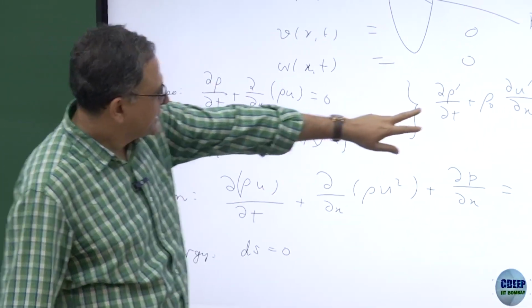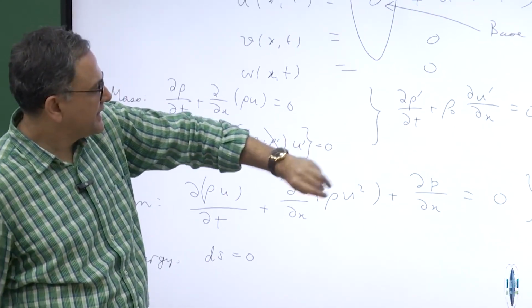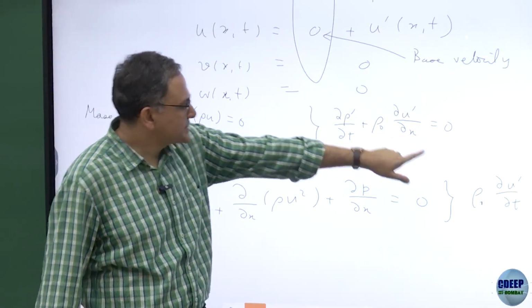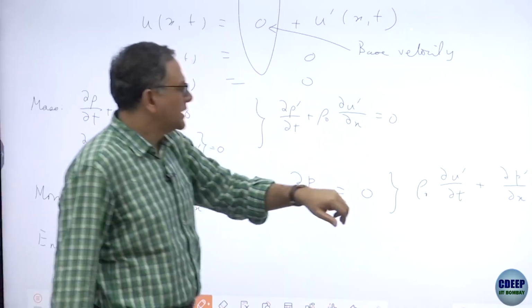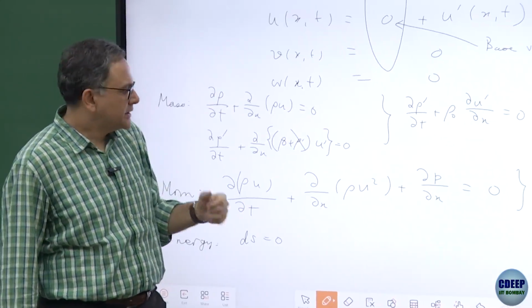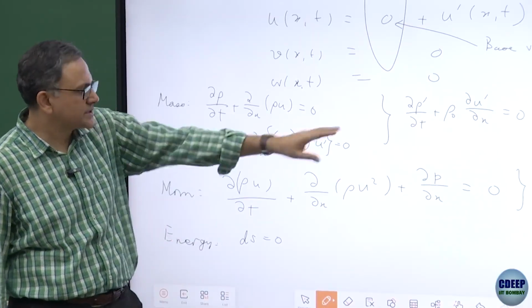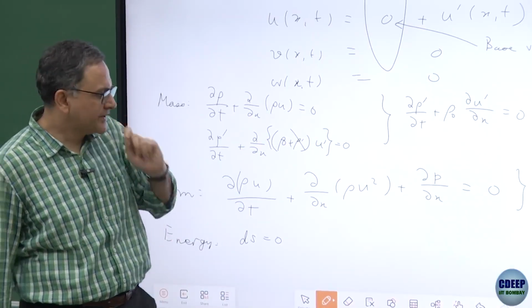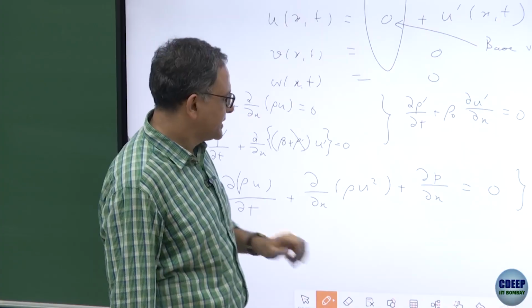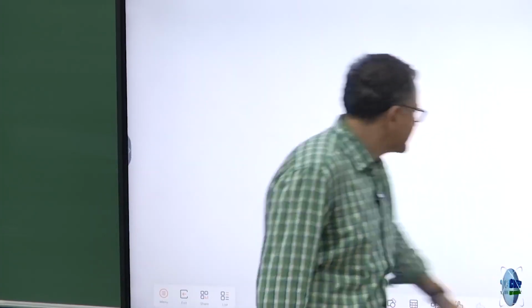We have got equations in terms of 3 variables: density, velocity, and pressure. And 2 equations are there. If we just consider those 2, we've of course got to use the energy equation to get it down to 1 variable. That's the simplest form possible. So I'll just write these things again.